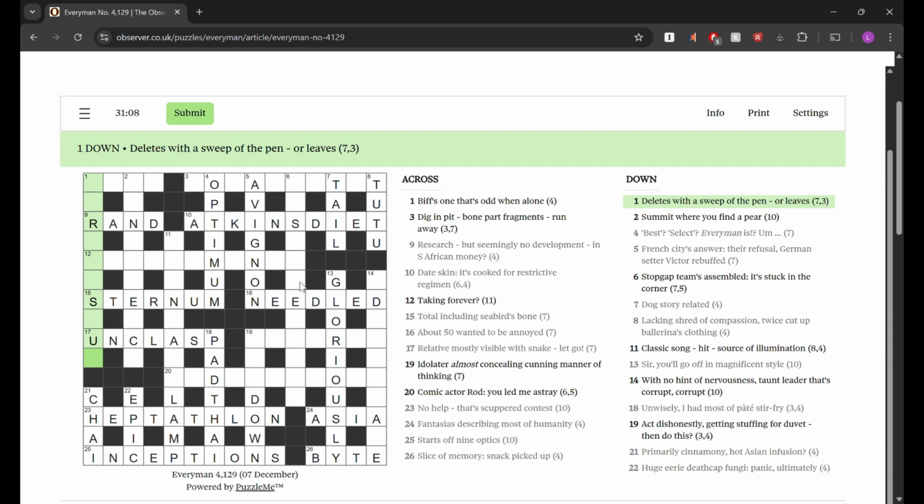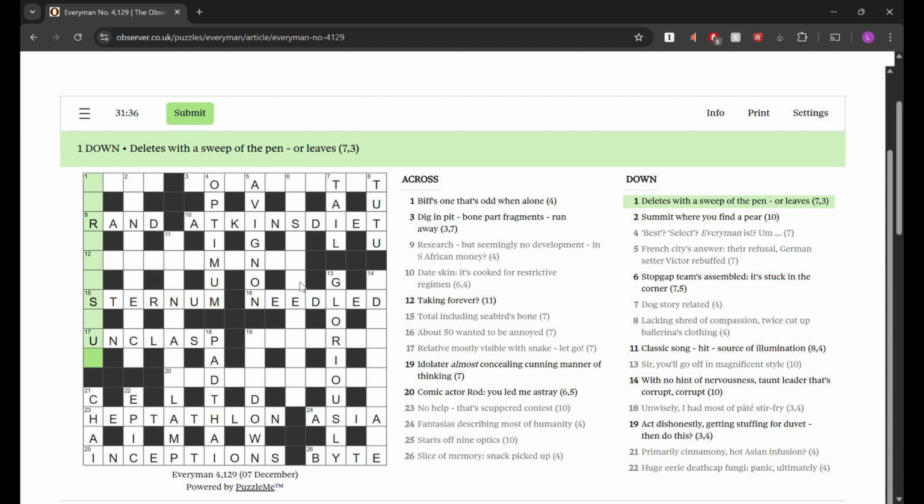Deletes with a sweep of the pen, or leaves. Could it end in out?